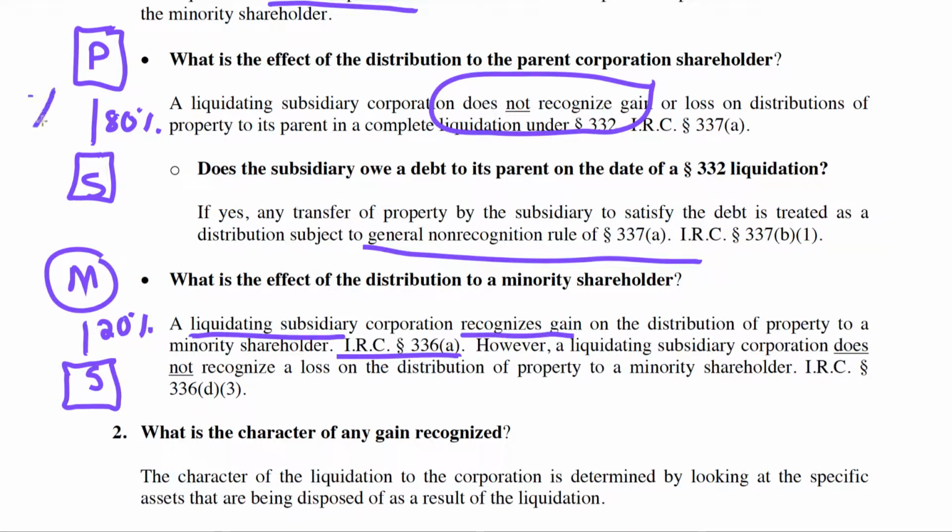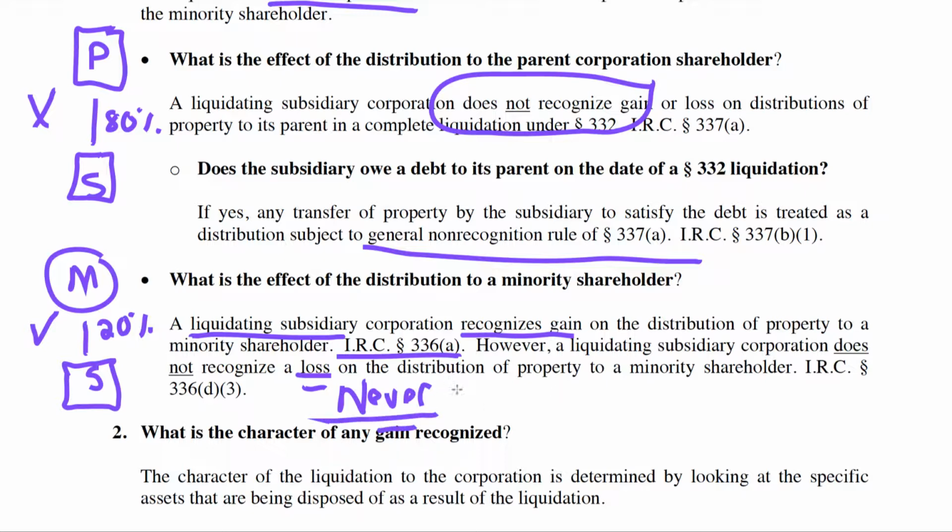So not here, but here. Here it does. So we have to look at the consequences just with respect to that transaction. Any assets transferred to the minority shareholder, you look at any gain or loss with respect to that. However, the liquidating subsidiary does not recognize a loss, never a loss on the transaction.